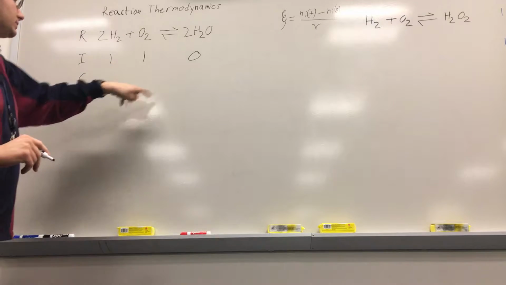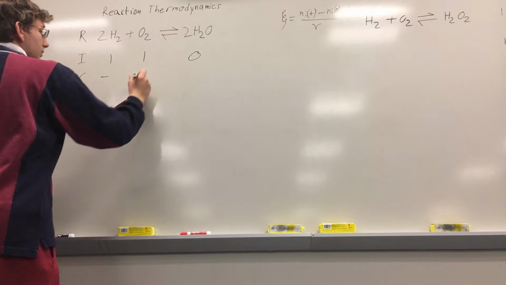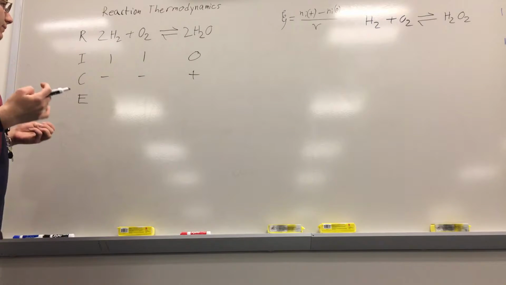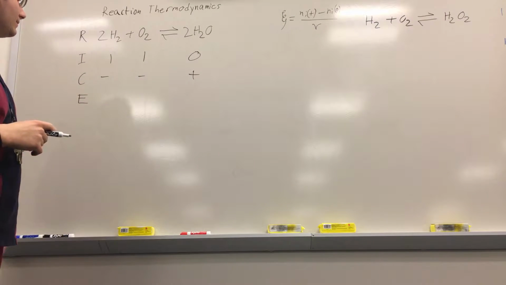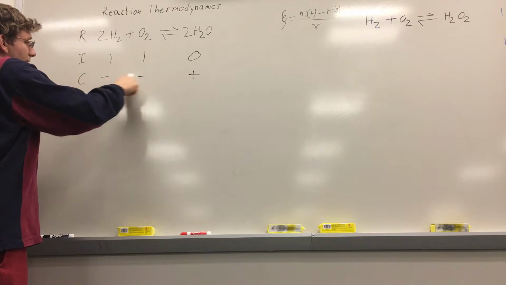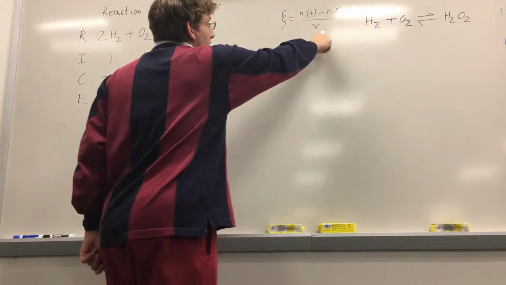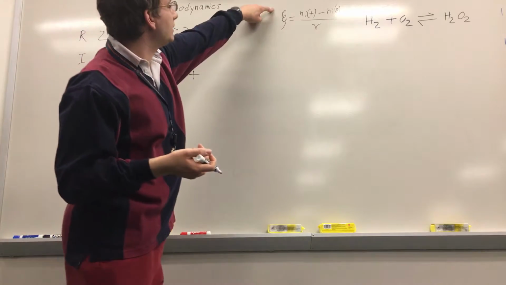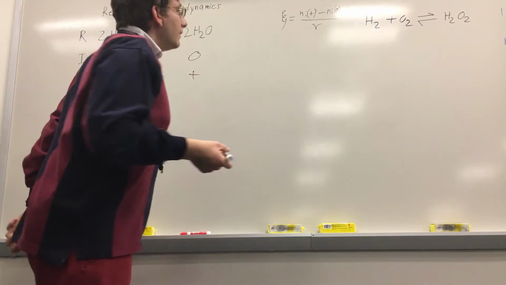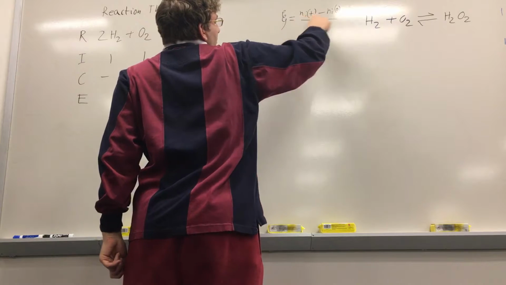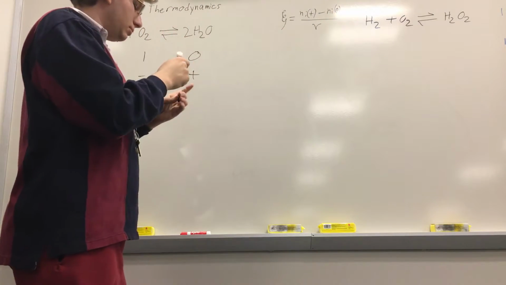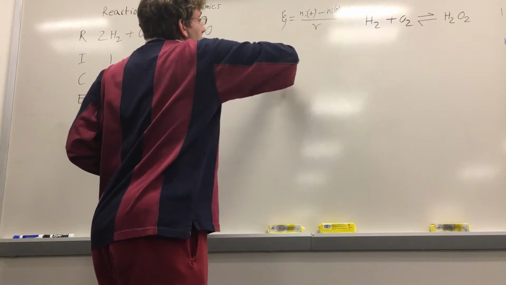So the change just basically says, we start out with this much, we're going to lose some of our reactants, gain some of our products. So these are minus signs, that's a plus sign. And to quantify how much we convert, we make this symbol called the extent of reaction. There are many ways to do it. I like drawing mine like an E going into a Y. But basically it's the amount of moles of something that gets reacted divided by the stoichiometric coefficient.